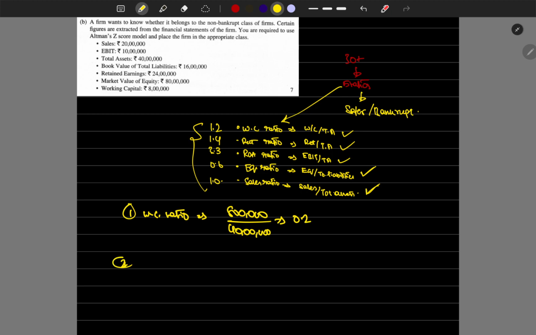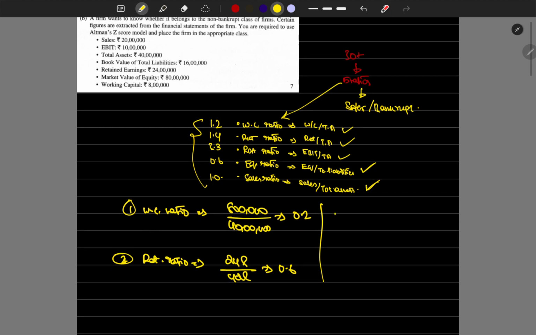Next is the retained earnings ratio: 24 lakhs divided by 40 lakh, which is 0.6.